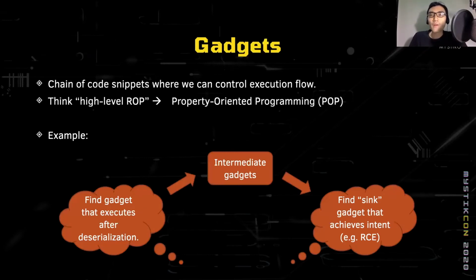If you're an exploit developer and you answered that this is something related to ROP, yes, that's exactly it. The idea is that we're trying to find a gadget that executes after deserialization, look at the code to see what intermediate gadgets this input goes through, and then at some point execute what the attacker desires.